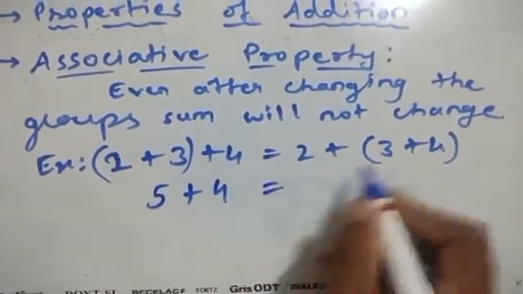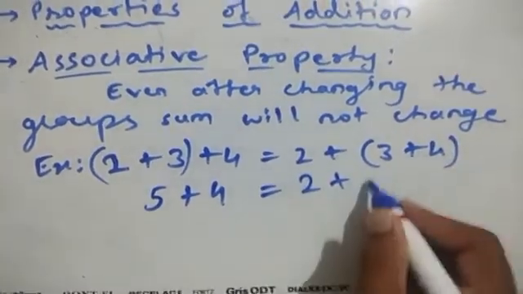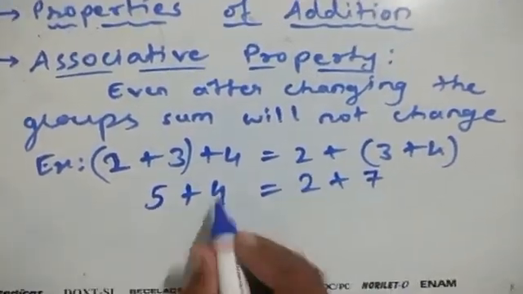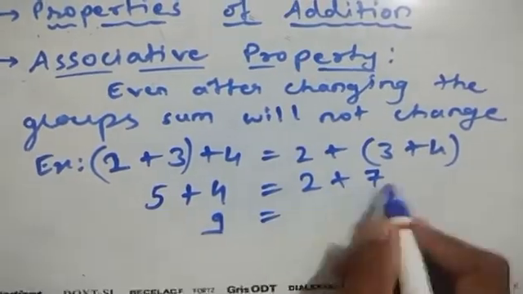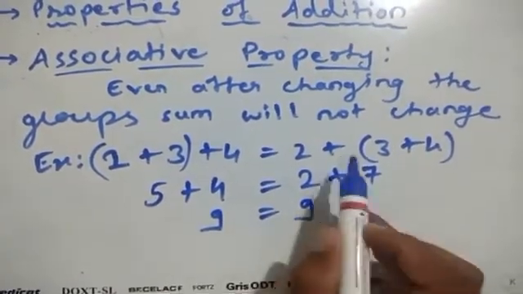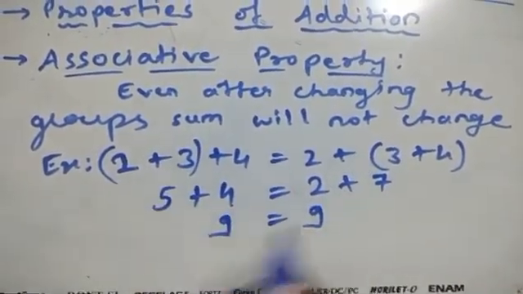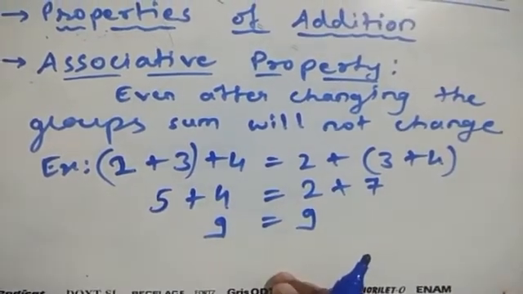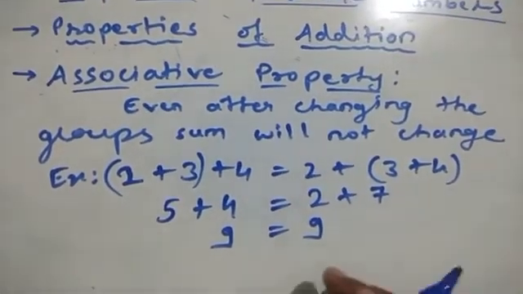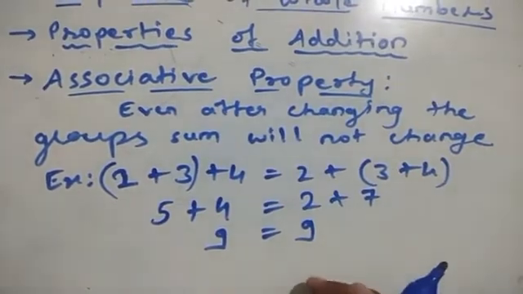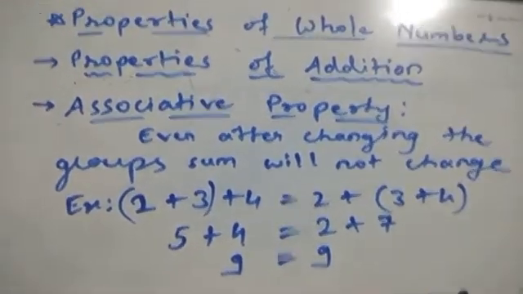And here 2 as it is, and 3 plus 4 is 7. So here 5 plus 4 is 9, and here 2 plus 7 is 9. It means even after changing their groups, the answer remains the same. Therefore, what can we say? The sum of whole numbers is associative. Addition of whole numbers is associative.